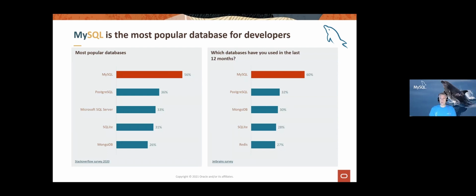Not even just open source, but in general, because Microsoft SQL Server is closed source, of course. So it makes sense to develop for MySQL in general, because you can run your applications anywhere, knowing that MySQL is supported everywhere. But again, the one in Oracle Cloud is, in my opinion, the best one.